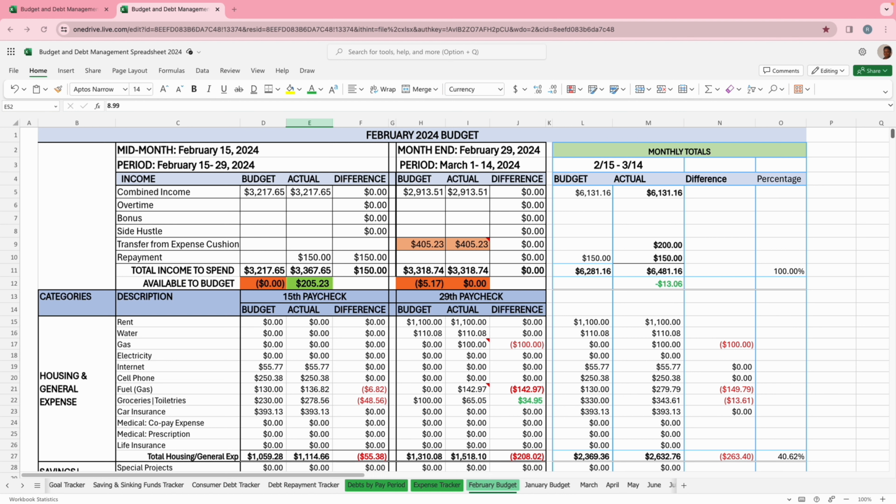You can do it the way that you feel most comfortable, as long as you are comparing your budgeted amount versus your actual amount spent to see where you're overspending or underspending. By taking these proactive steps, you are actively managing your finances, staying accountable for your financial goals, and ultimately working towards long-term financial stability.